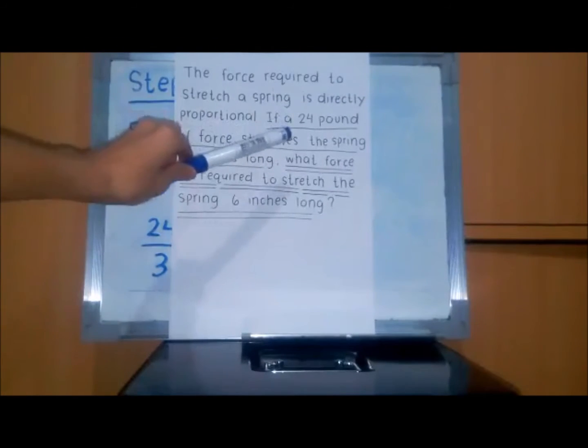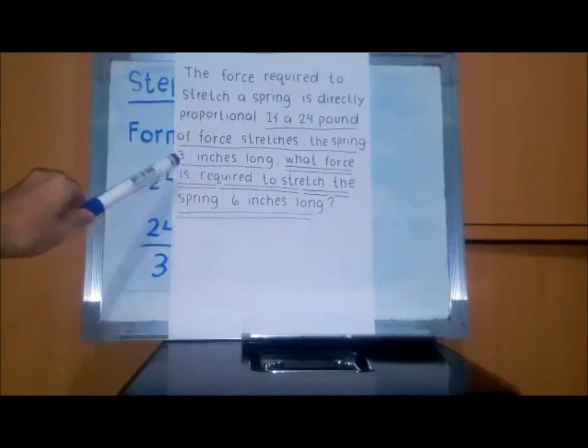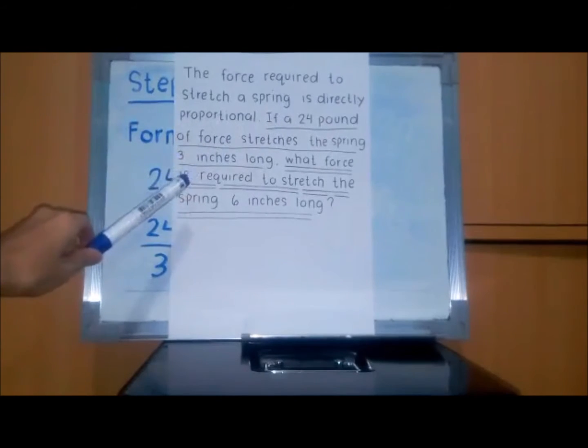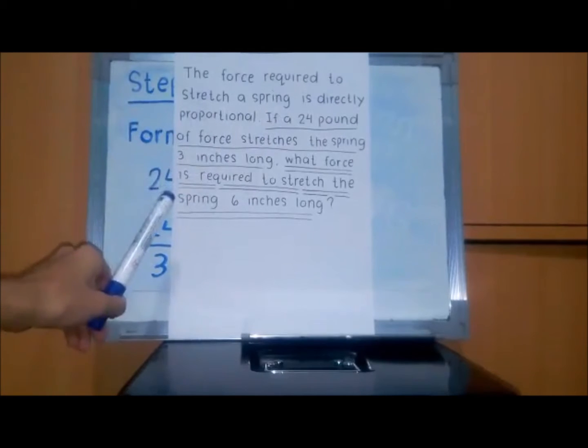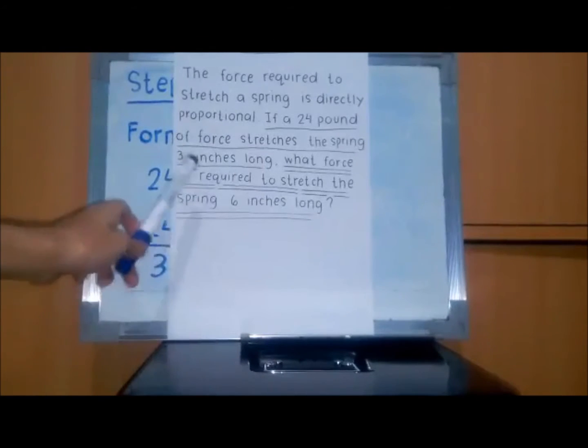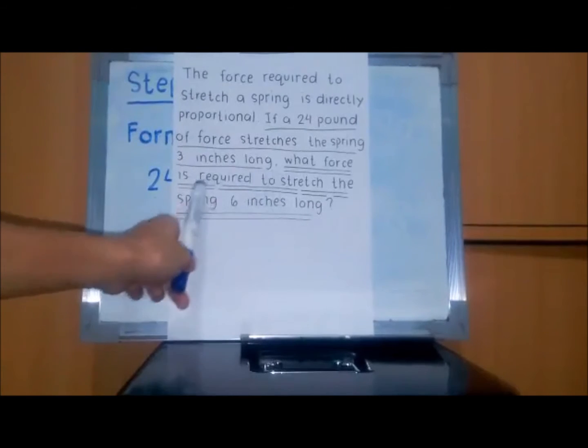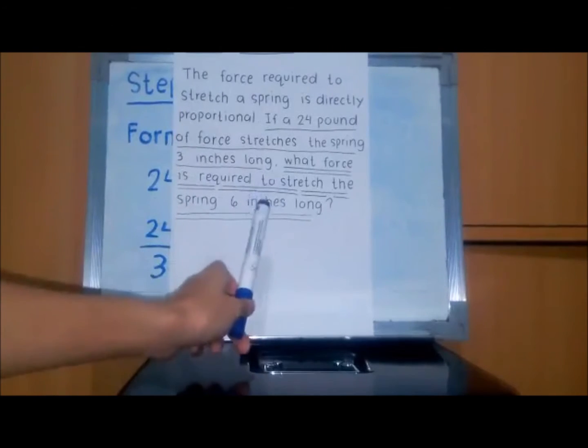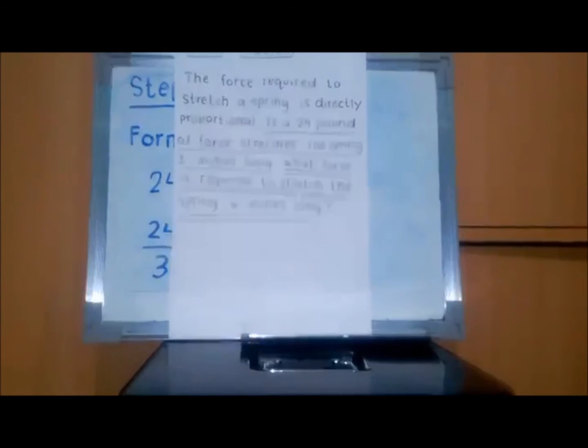Since 24 and 3 are both independent, why are we using them? Well, it's because we are looking for the dependent K, which is the constant, so we need both of them.